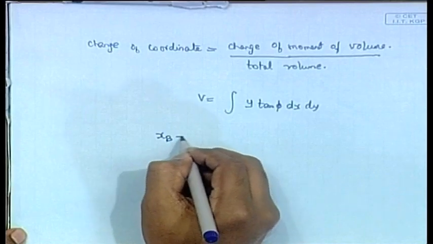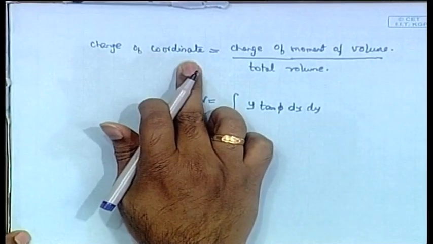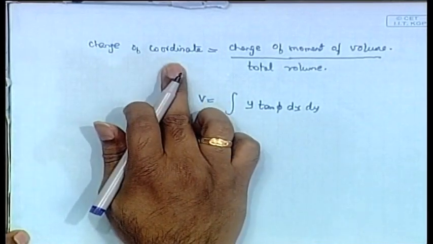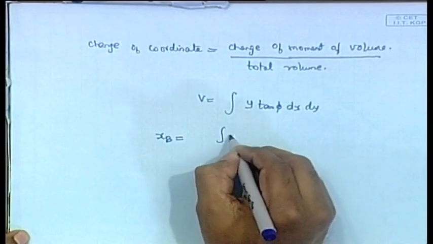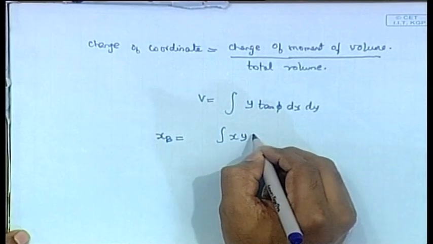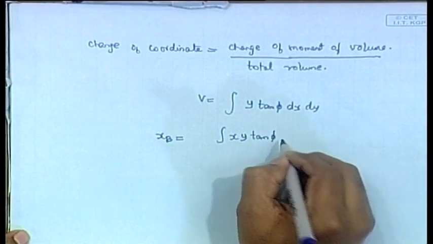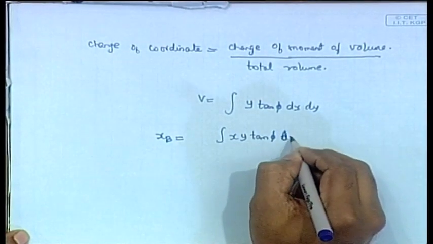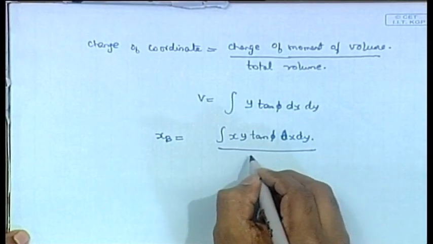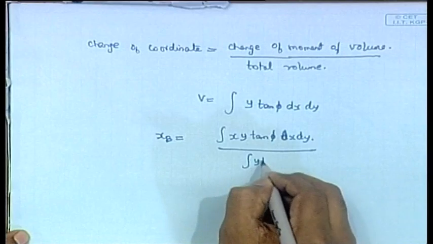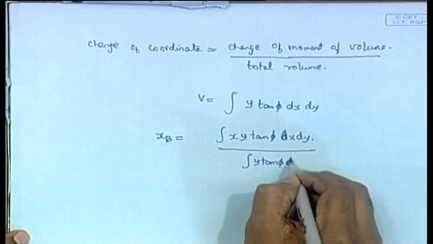Okay. Therefore, what will be xb? The change in xb means the change in coordinate of the center of buoyancy due to that shift in volume. It is given by the integral of x y tan phi dx dy divided by the integral of y tan phi dx dy.